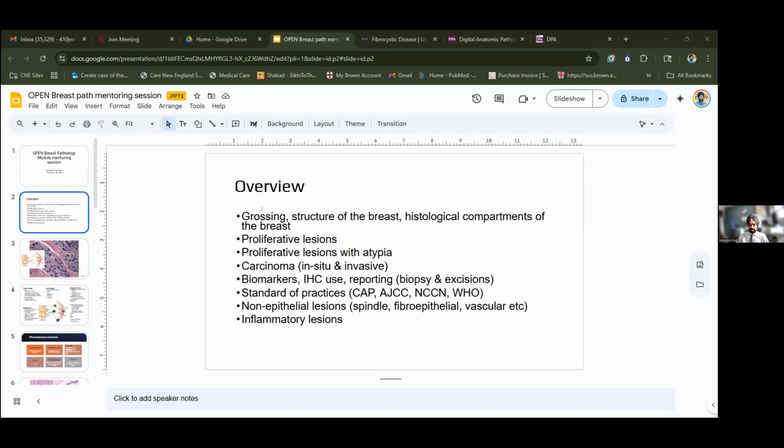Grossing, I can't stress it enough: you can only become a good pathologist if you know how a lesion looks grossly. And in breast, it's actually pretty simple because breast is a very simple organ. If you look at the structure of the breast, it's either fatty tissue or fibrous tissue.